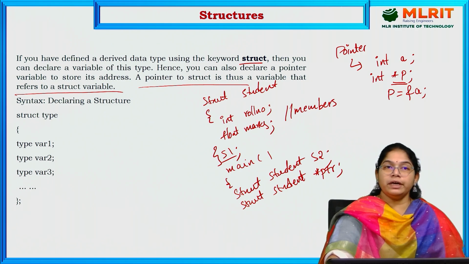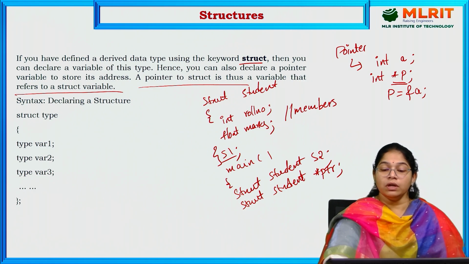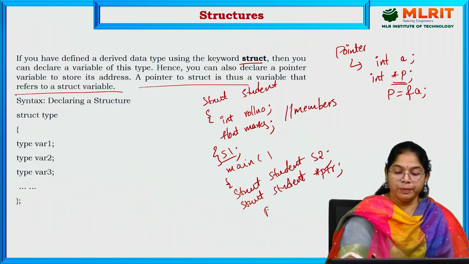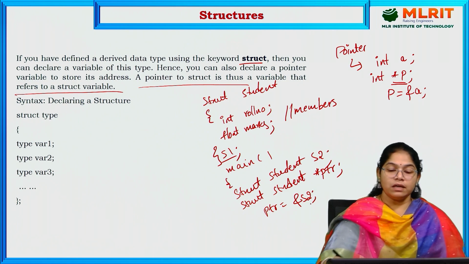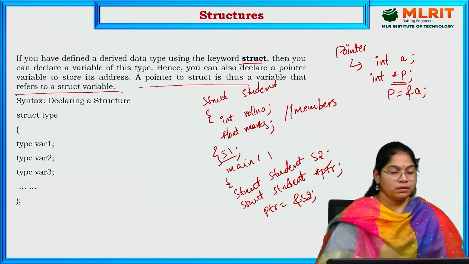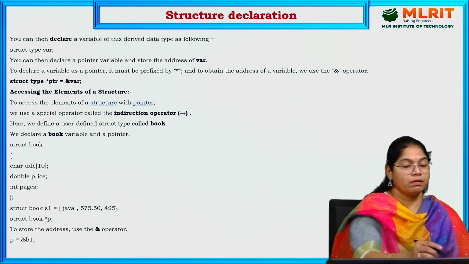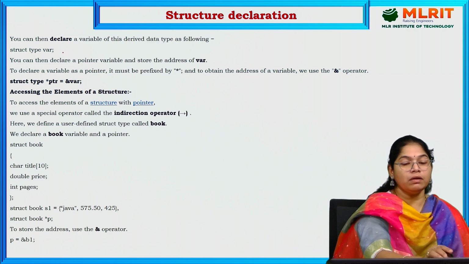What can a pointer do? A pointer stores the address of another variable of the same type. If I want to store the address of S2, S2 also must be of type struct student. So now ptr is equal to address of S2. In this way, we create the pointer variable for the structure. Now we'll see how we can declare a variable of that type.